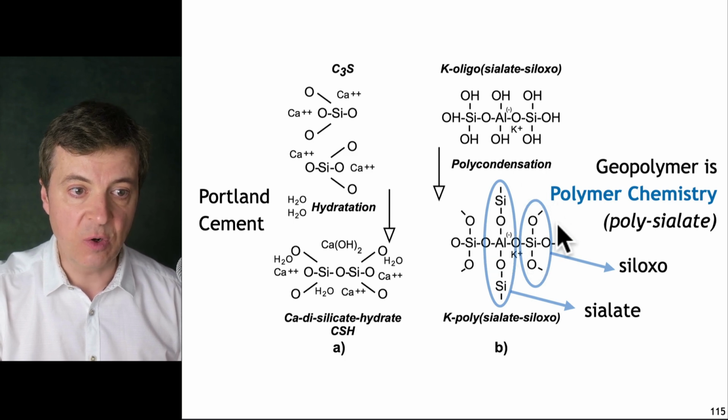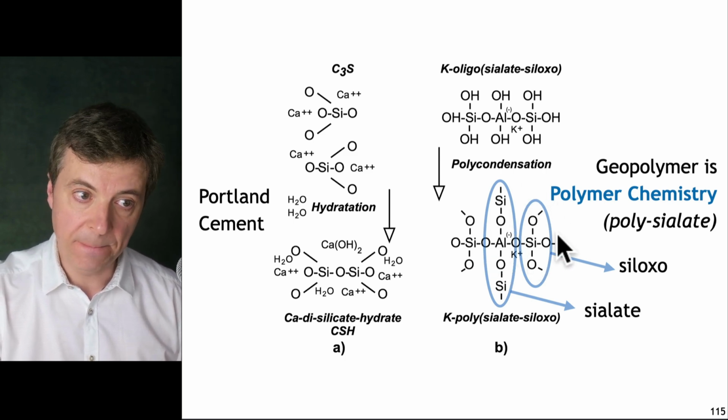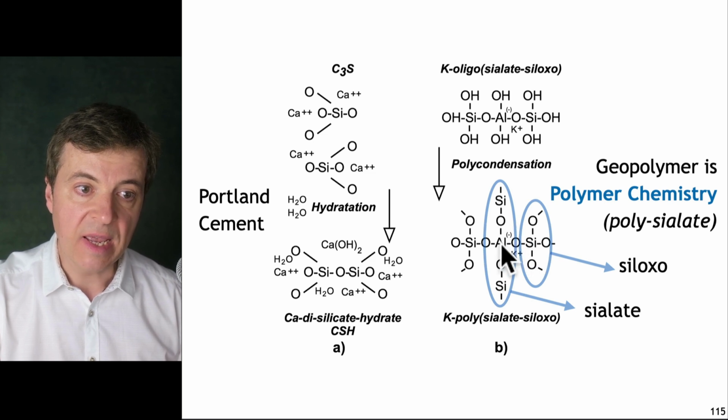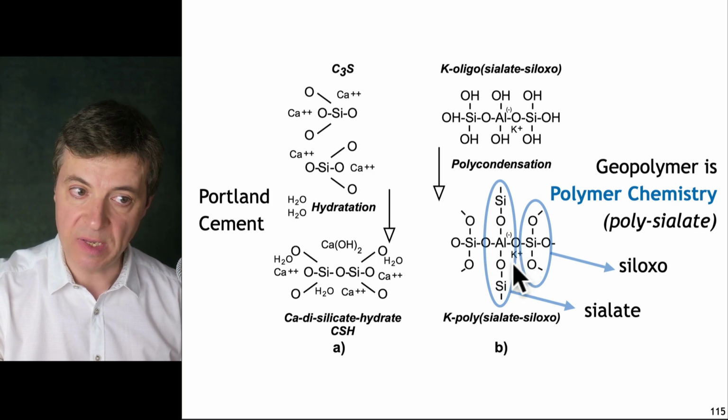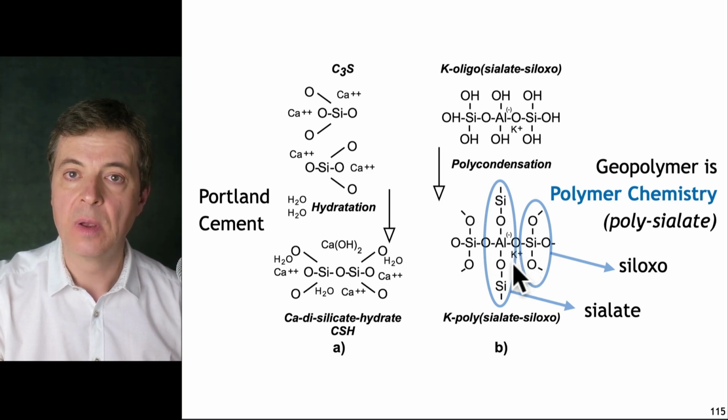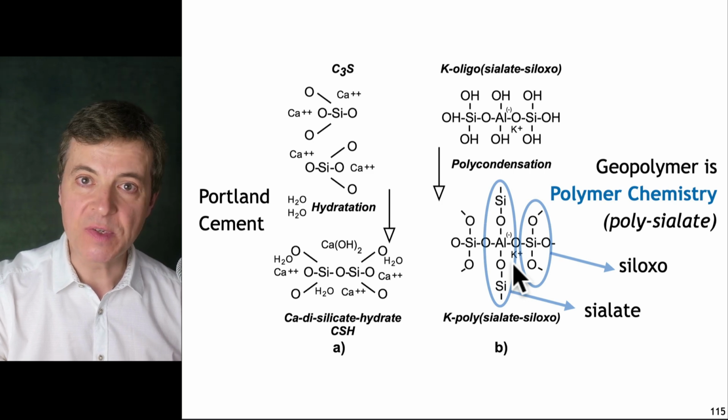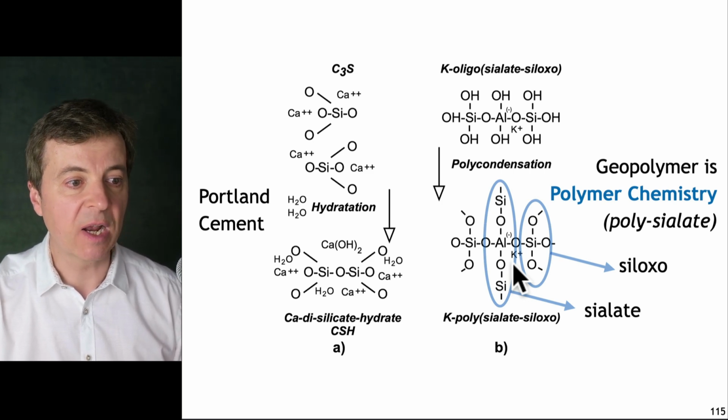Sialate and siloxo are always together, and oxygen is binding them together with the help of a potassium or sodium cation. You are now beginning to understand the chemical reaction.